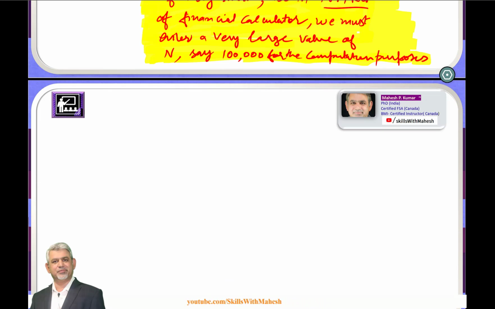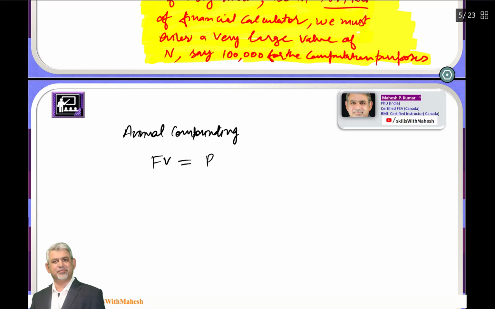But mathematically, annual compounding and continuous compounding are very different. In annual compounding, if we have to find out future value, then future value is nothing else but present value times (1 plus r) exponent n. So here r is rate of interest, or sometimes some books also use i as rate of interest, (1 plus i) exponent n.